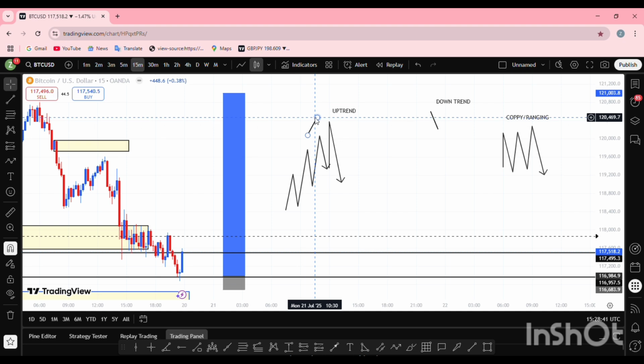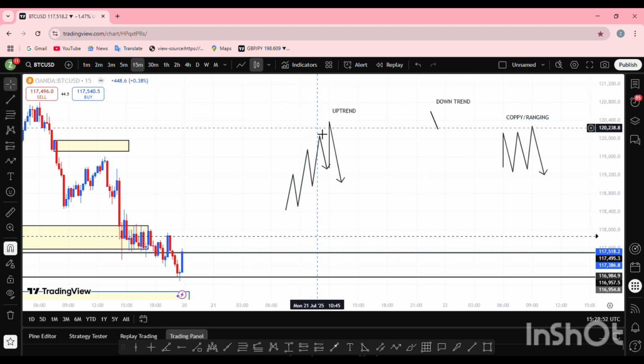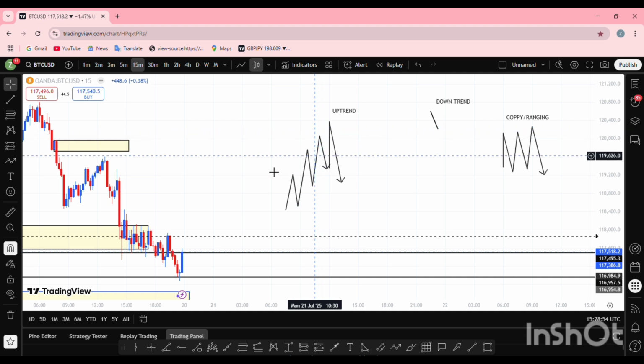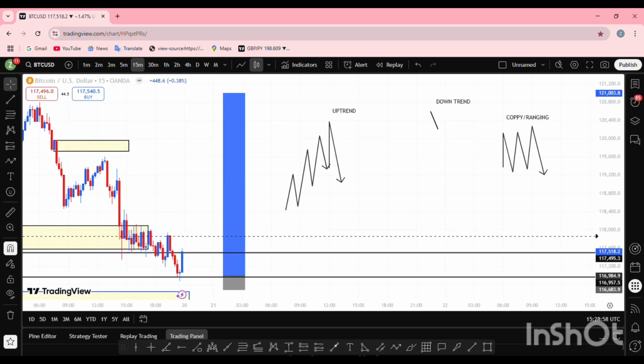So let's label our market and help someone understand better. Generally, this is how an uptrend looks. You'll realize the market is moving in the up direction. Either the market is buying or selling. Going up is the buying. Going down is the selling, okay? Those are the simple things you should know.